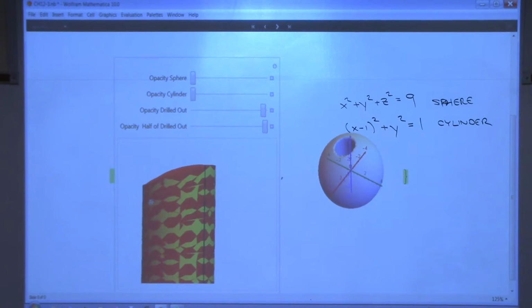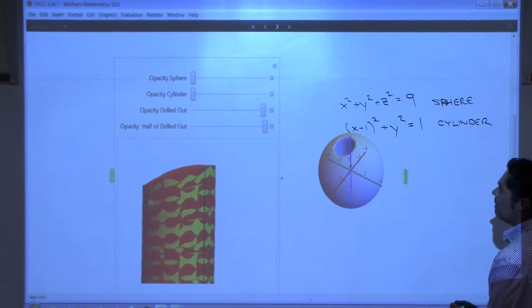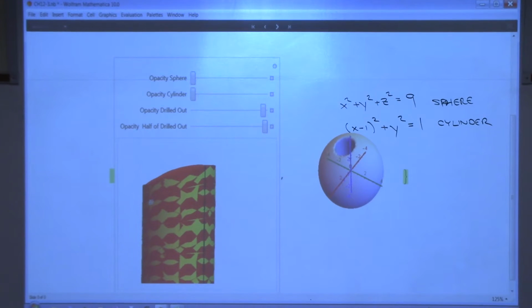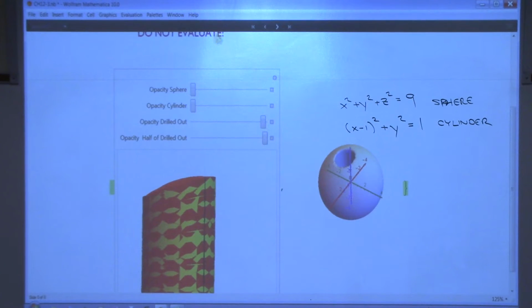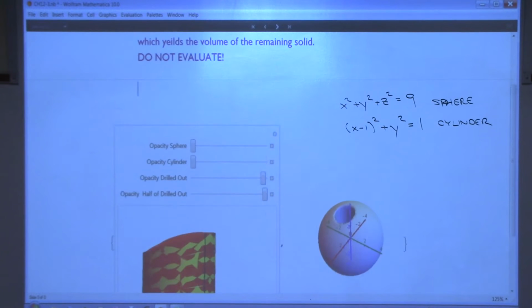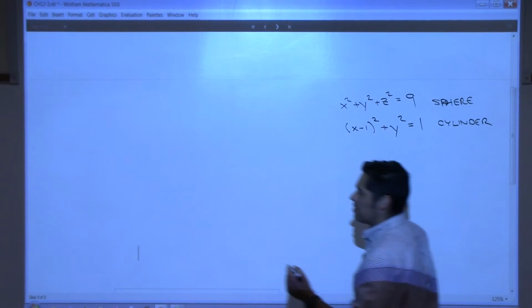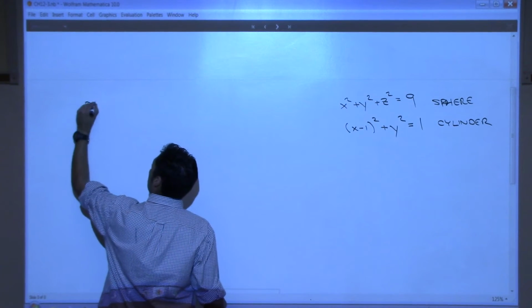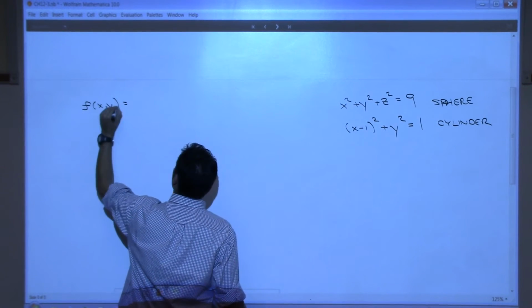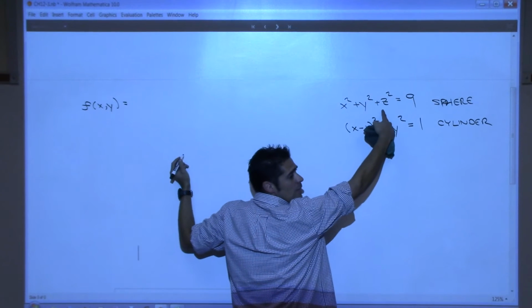So let me kind of write what I've said down here. I'm going to go with the approach. My approach is going to be that we have a top function f of xy, which is the sphere, but I have to solve it for z, don't I?